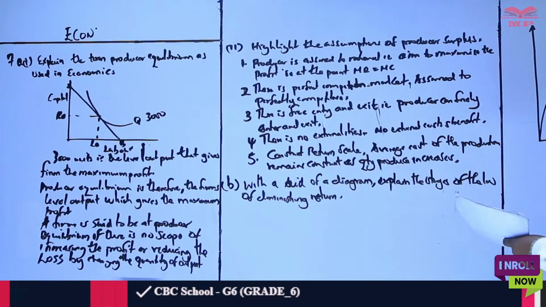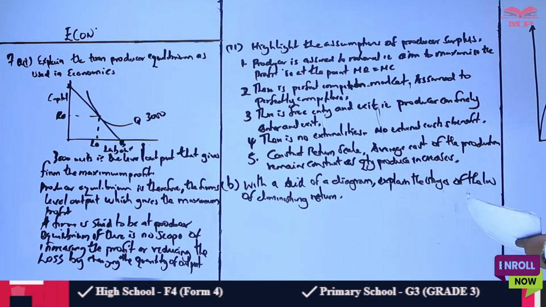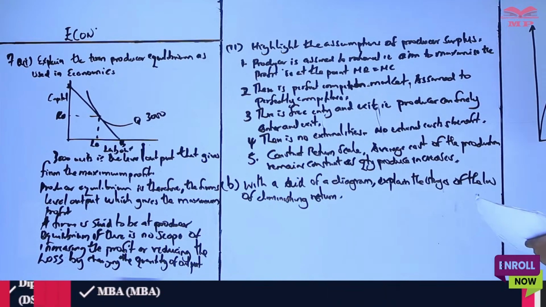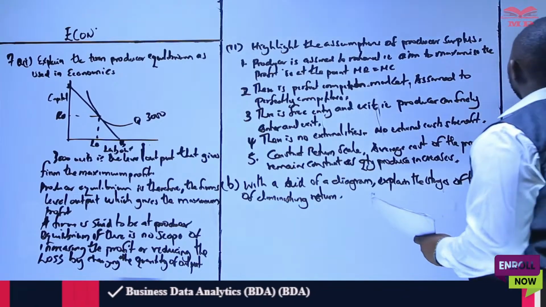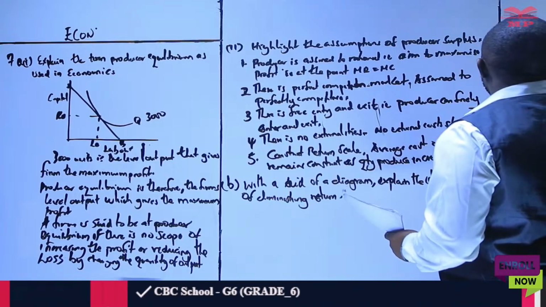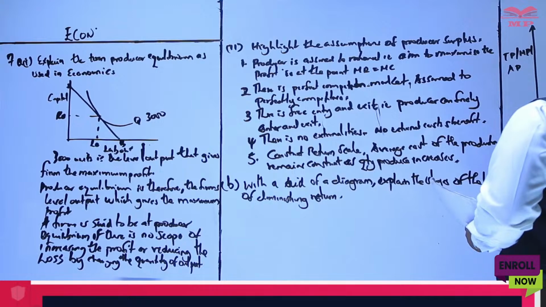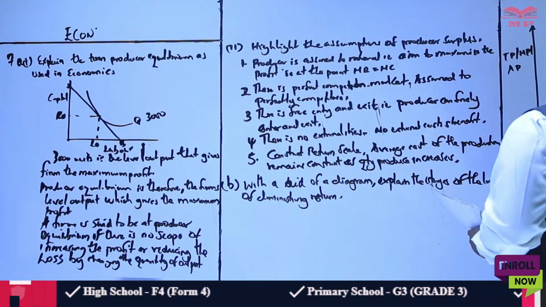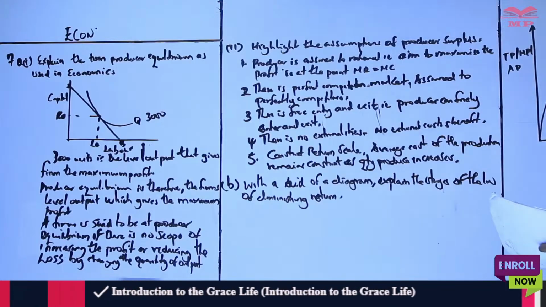Then up here, we have what we call the marginal product. So on this other end, we have total product, marginal product, and average product. And down there, we have quantity. We illustrate on that point.